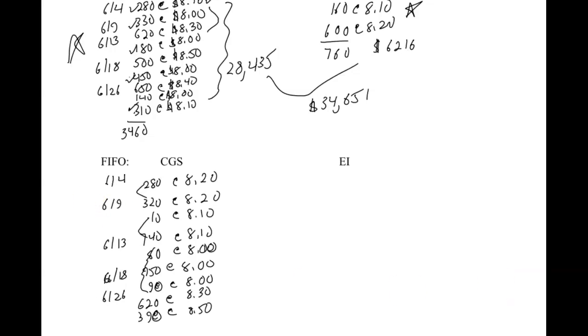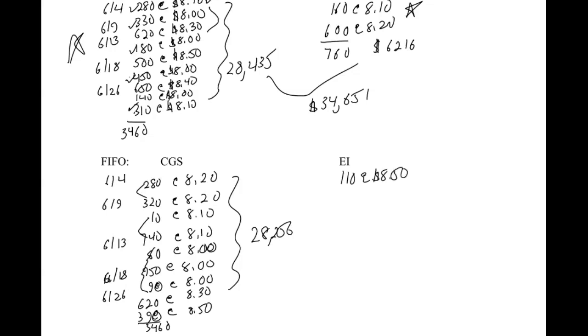All right, so like I said, this is a lot going on here. So you can see if I add this up, there's my 3460. And the sum here works out to be 28,256. And now the ending inventory is what's left. So we still have 110 from the $8.50 purchase.